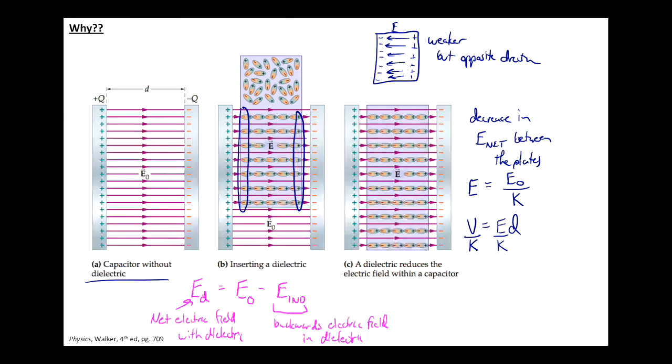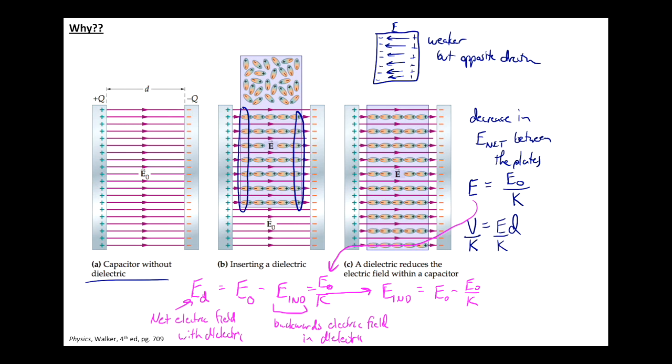So let's rearrange that and solve for the induced electric field. So that's going to be E naught. Oops, I left one part of this equation out. And this is E naught over K from here. So now let's solve for E induced. Gives us something like that.